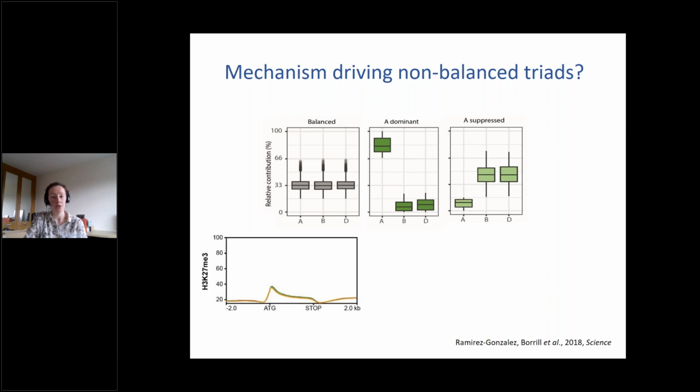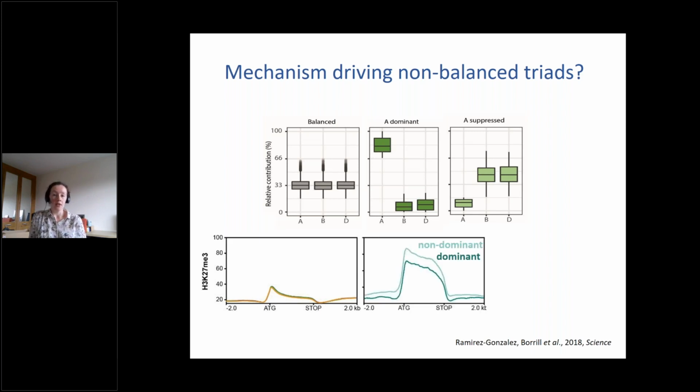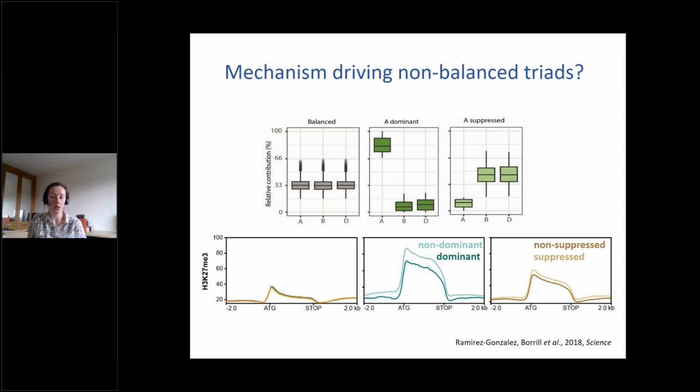When we looked in dominant triads, so for example, in this A dominant triad in the middle, we could see that the dominant homolog, in this case A, had much less of this H3K27 trimethylation than the non-dominant homologs, so the B and the D in the example above. And we saw the opposite pattern in the suppressed triads, where the suppressed homolog has a higher level of H3K27 trimethylation than the non-suppressed homologs.